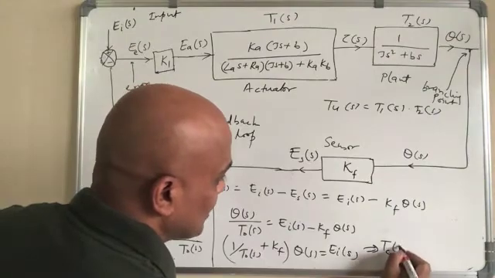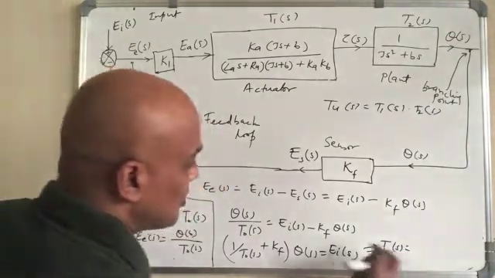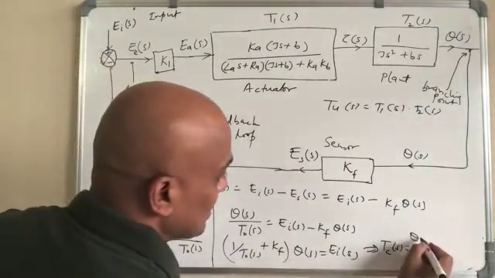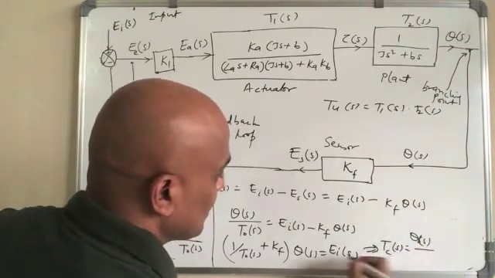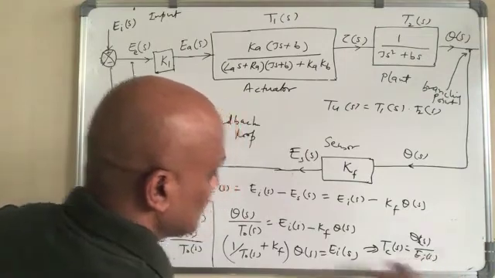And this will give us the closed loop transfer function T S, which will be equal to theta S divided by EIS, right?